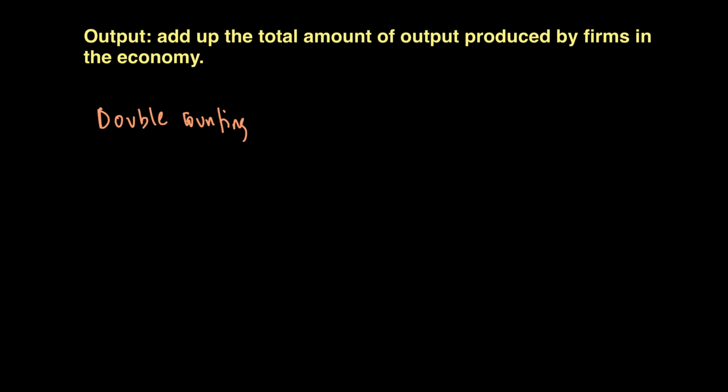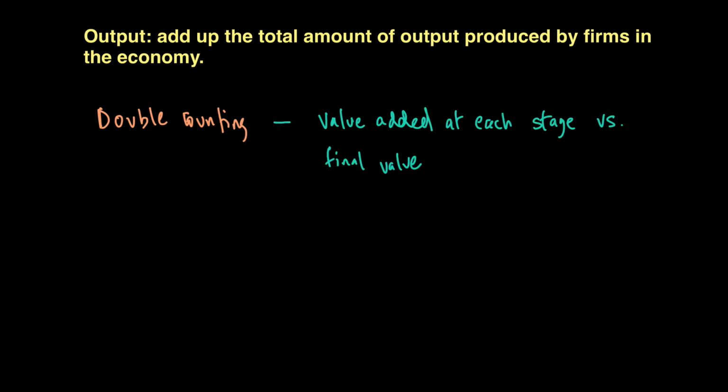For example, if the value of cars sold by a car manufacturer is added to the value of output of, for example, tire firms, double counting can occur, because the value of the car already has the tires included in it. Instead, we just count the value which is added at each stage, or we count the final value, which means we ignore the intermediate value at each stage.